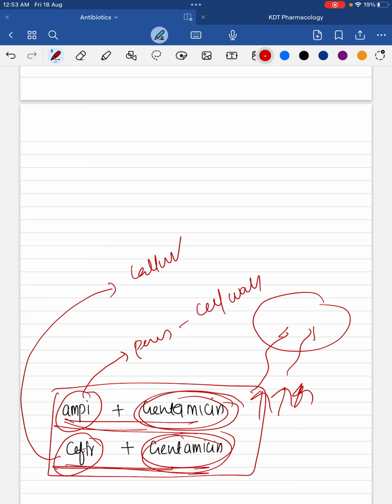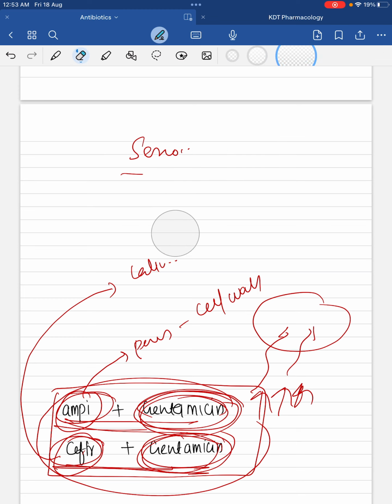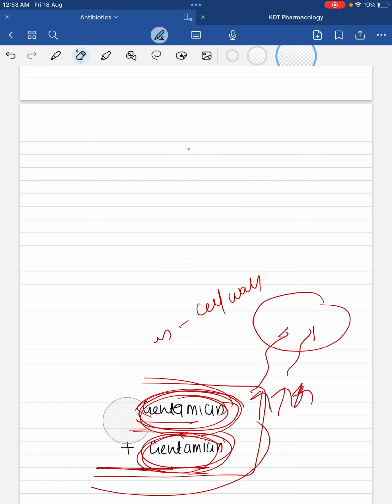That's why we use this combination when we are suspecting a serious gram negative infection, for example in a neonate. That is the reason why ampicillin or ceftriaxone with gentamicin we are including in a neonatal infection.